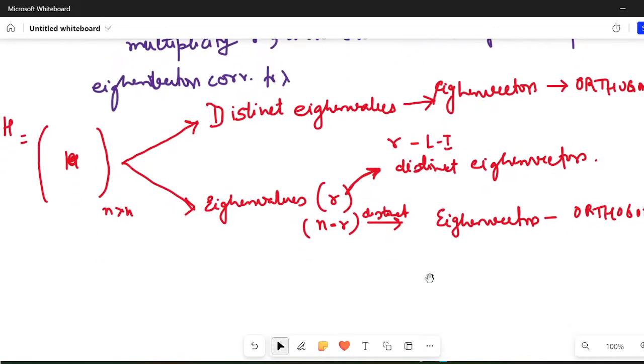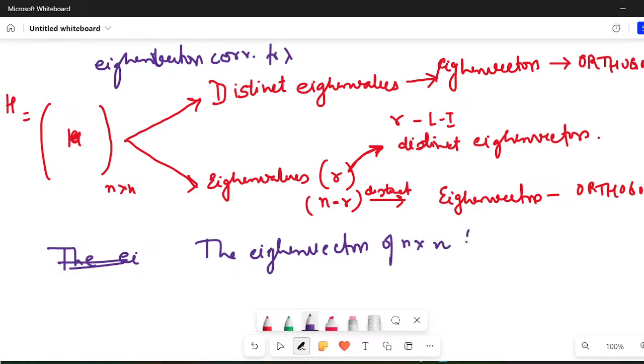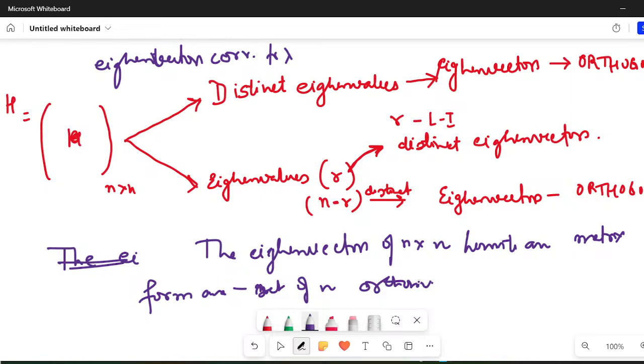Now a bolder statement I'm writing, and that bolder statement is that, overall, if I have to conclude, the eigenvectors of an n cross n Hermitian matrix form a set of n orthonormal eigenvectors. Now this is the beauty of it.